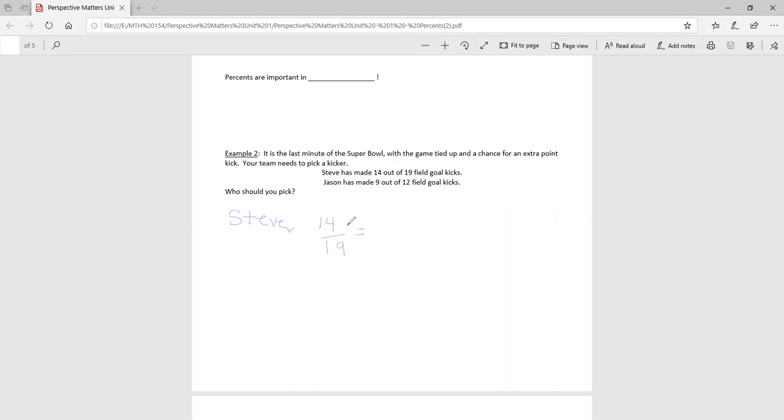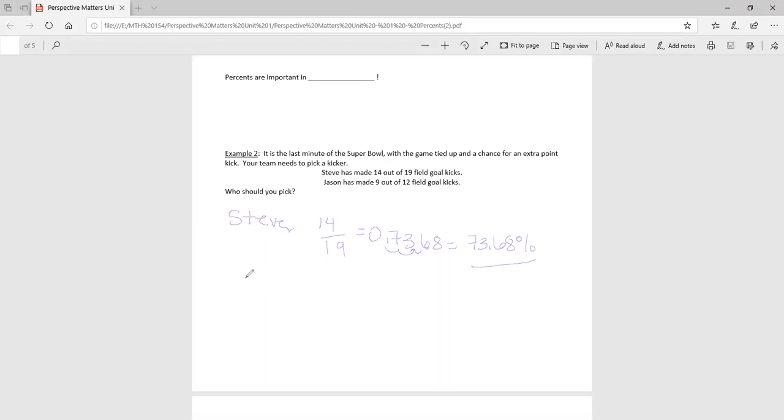Now that's not a very easy to understand fraction, but if we go ahead and divide it on our calculator, it gives us 0.7368. And if we want to convert that to a percentage, we move our decimal over 2. So Steve has about a 73.68 or about 74% success rate for his field goals.